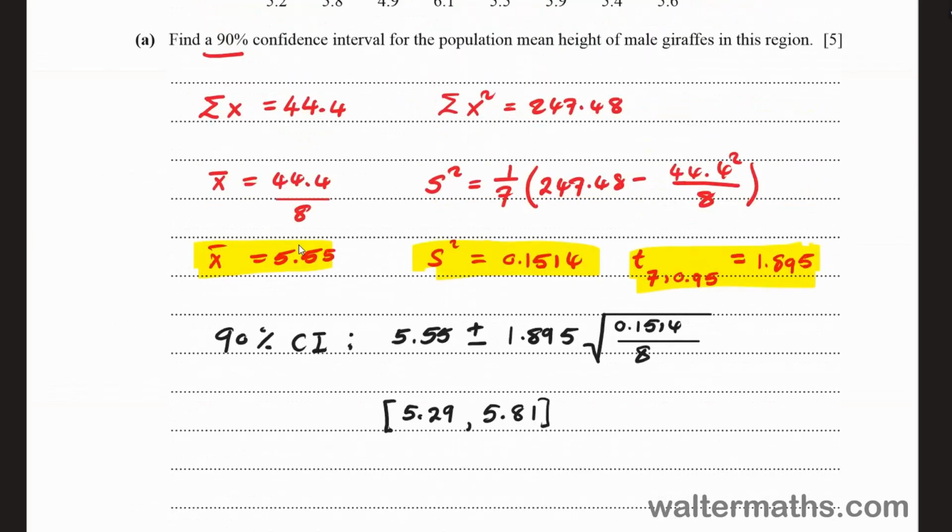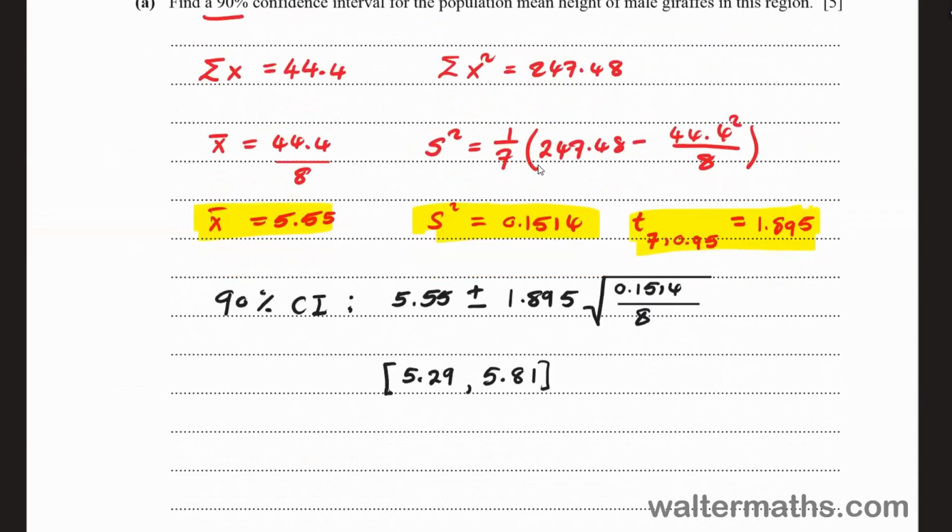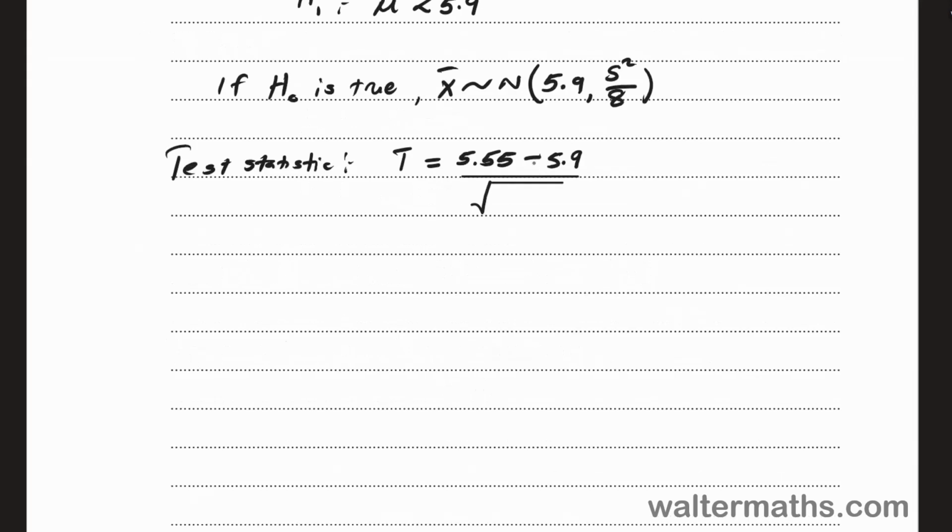Sample mean is 5.55. So 5.55 minus the mean mu, which is 5.9, over the square root of s squared, which we got to be 0.1514, over n, which is basically 8. All right, so that's what we'll be having.